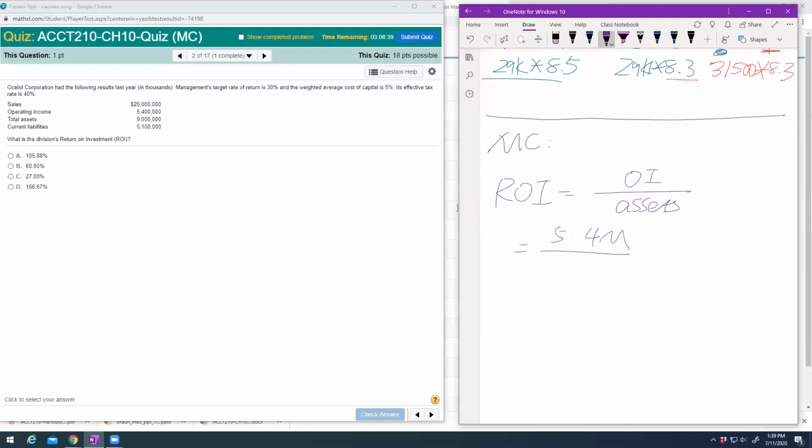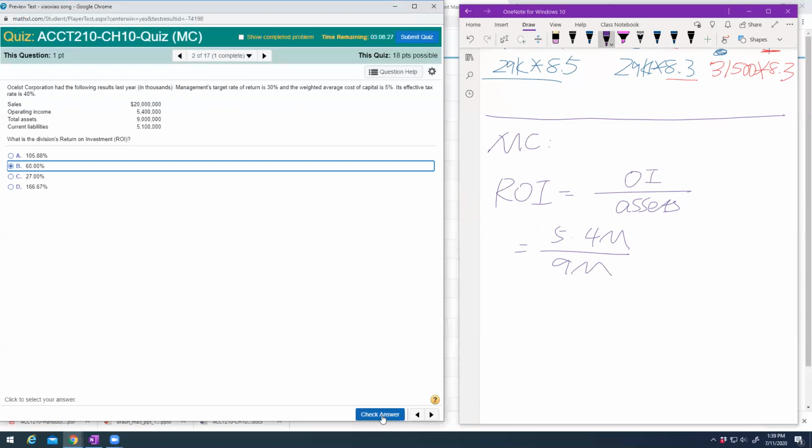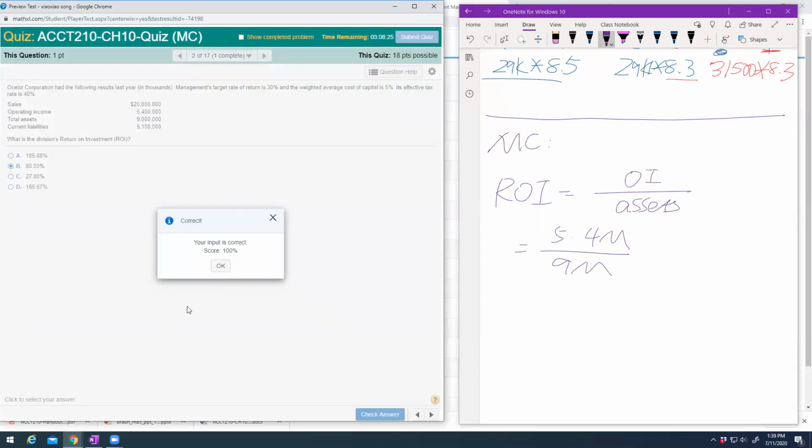Total assets is 9 million. So if you do the number, it should be around 60%. The point I want to say is that they give you more than enough information. Don't be confused by the extra number.